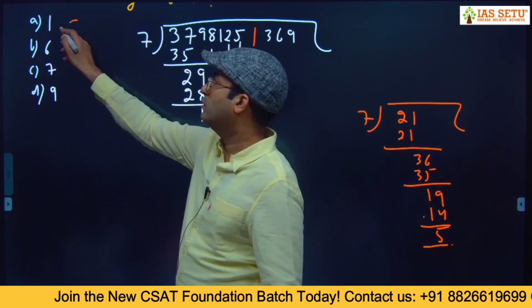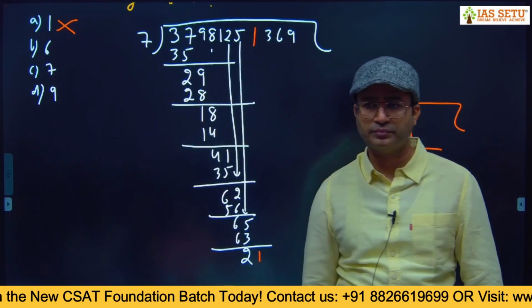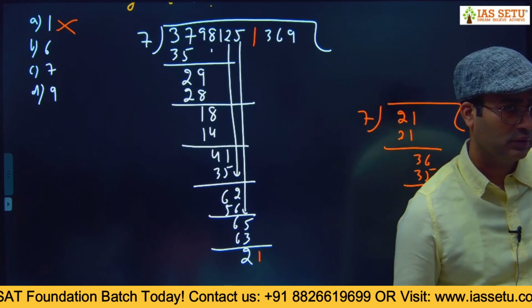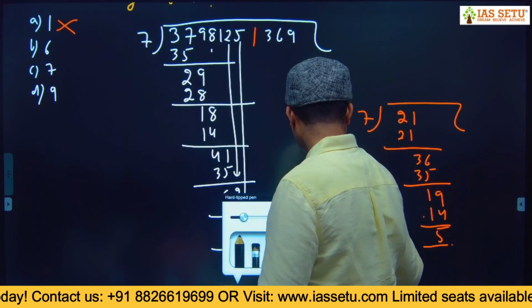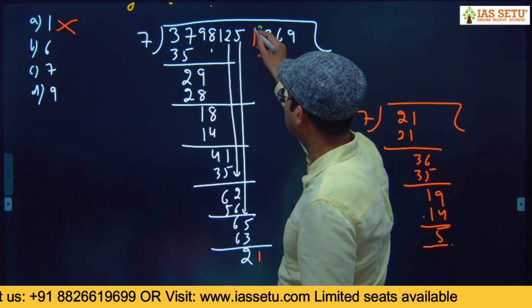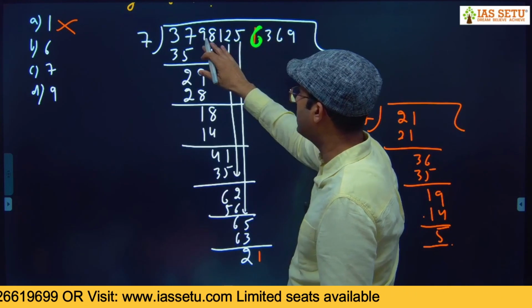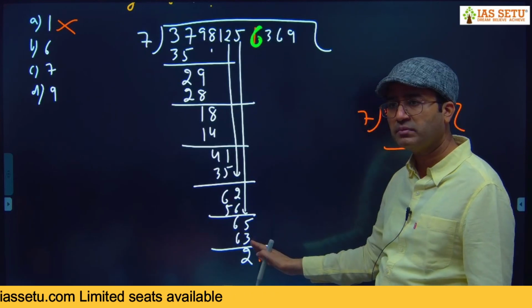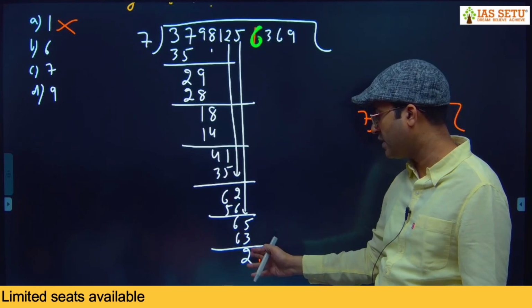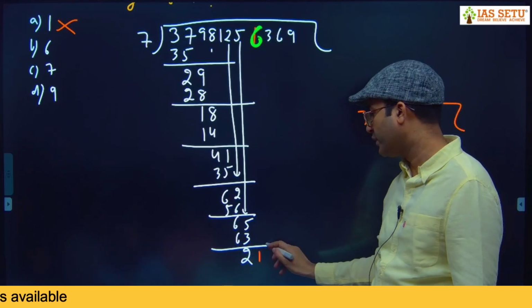So 1 will not fit in your question. 1 से नहीं बैठी बात. Don't worry. I try next, 6. I replace it with 6. Then I check. Tell me, till this point the picture is the same. So why waste energy? 5 तक तो आपको पता है 2 आ रहा है. So you take it 6.